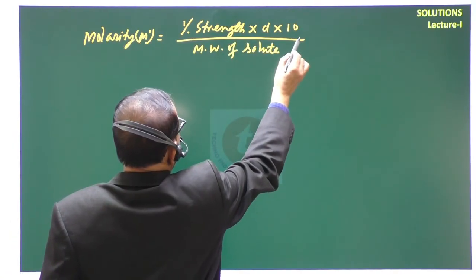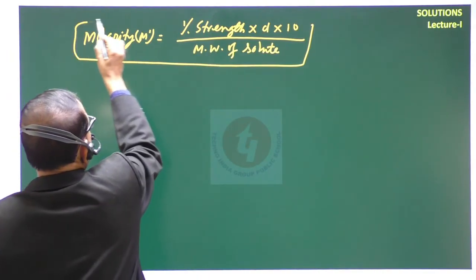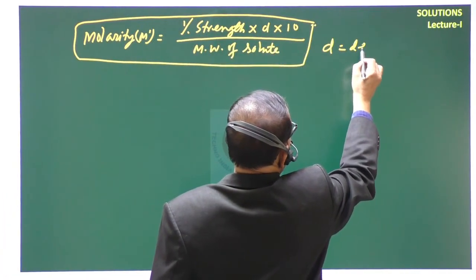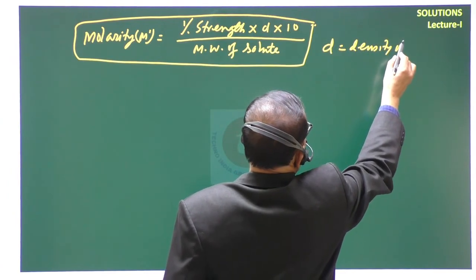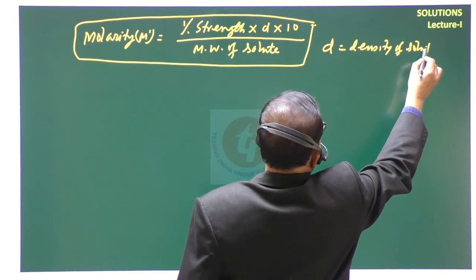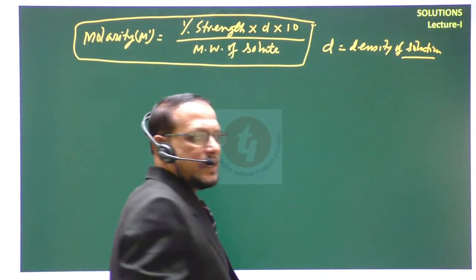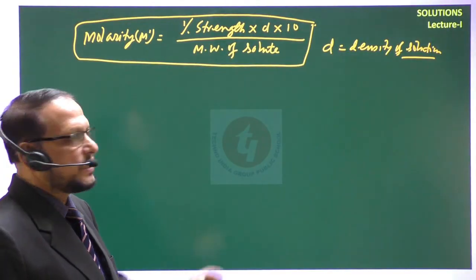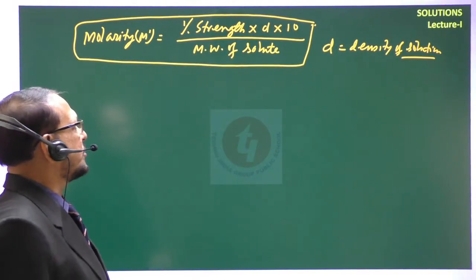This is used when percentage and density are given, where D is the density of the solution. The significance of the symbol is very important; whatever symbol you use, you must write it.